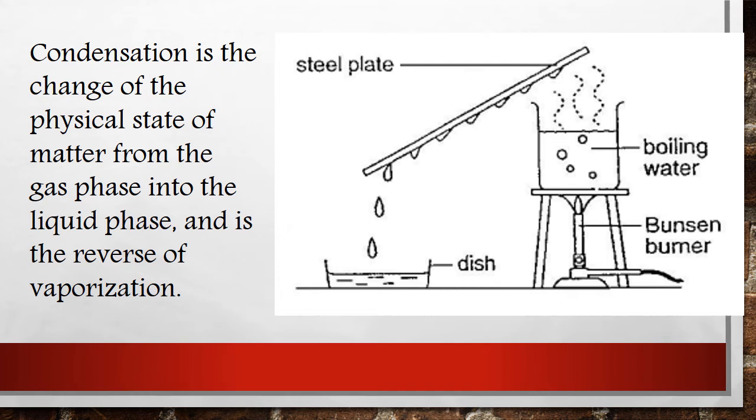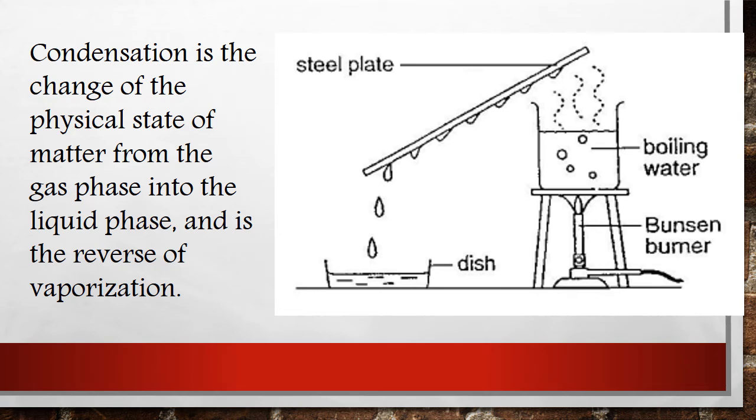Here you can see the definition: condensation is the change of the physical state of matter from the gas phase into the liquid phase, and as I have told you, it is the reverse of vaporization or evaporation. In the diagram you can see this process clearly, how the vapors are converting into water droplets. So this is the process of condensation.